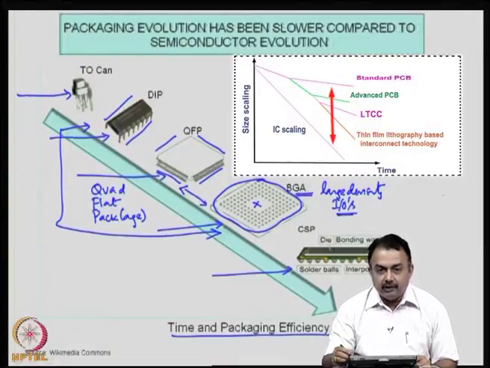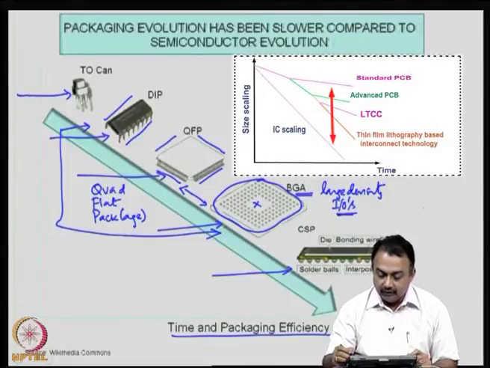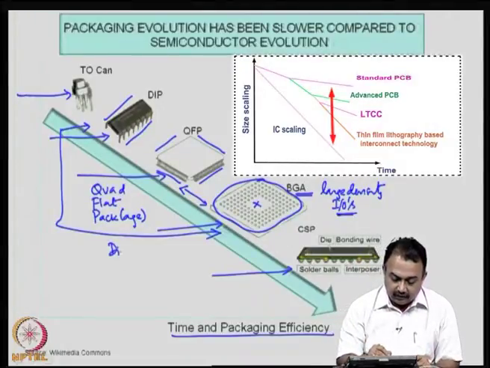The difference between BGA and CSP is basically in the package area. Okay. So, if you take two terms called the die area and then package area.